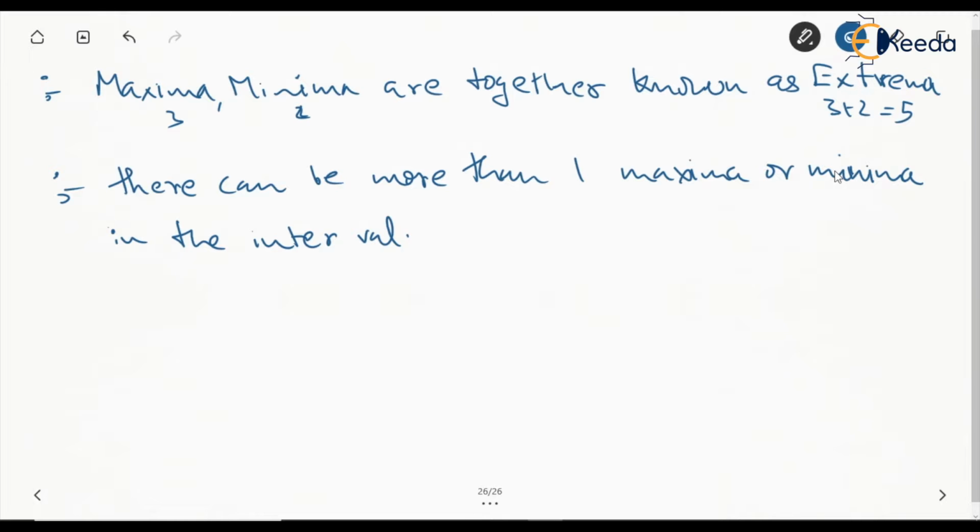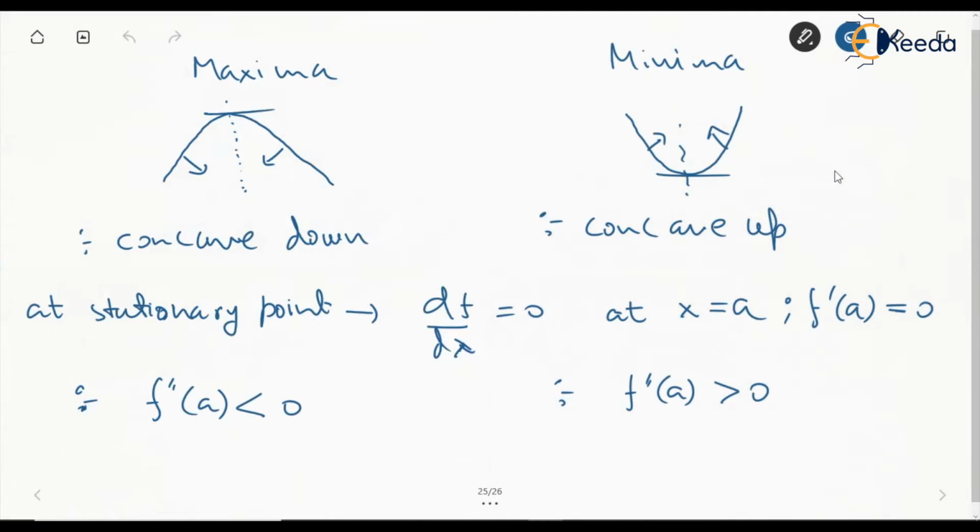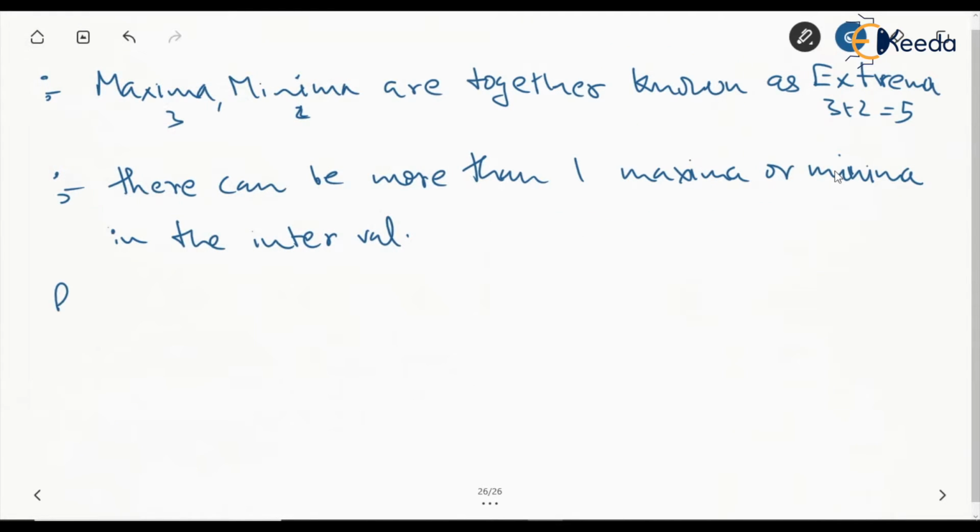Other than that, once we have checked for the double derivative, there are chances that the double derivative may be 0, right? So of course we are talking about a stationary point.